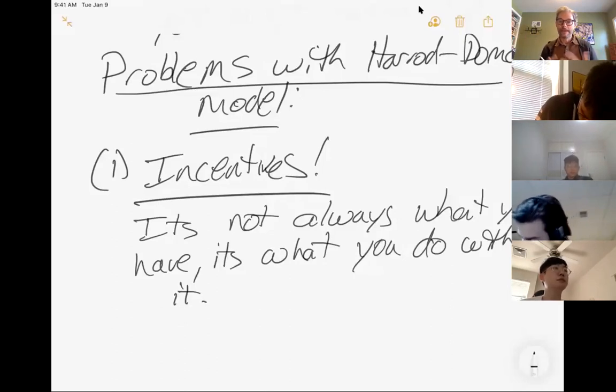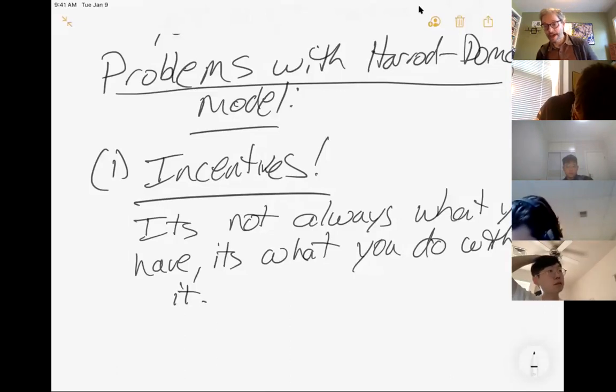But the problem is many of these countries simply didn't have either the incentives or the ability to really run them. They didn't have the human capital, they didn't have the people, or there was corruption, or there was theft, or there just simply wasn't any reason for people to really care.